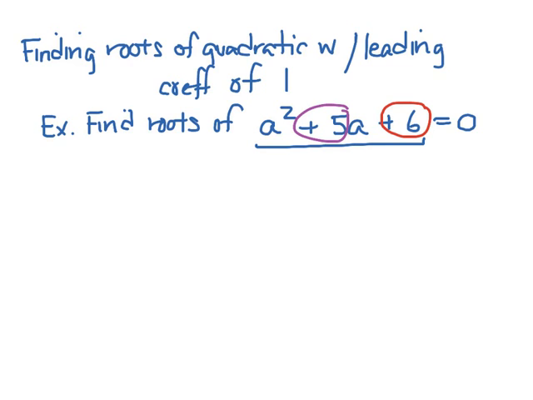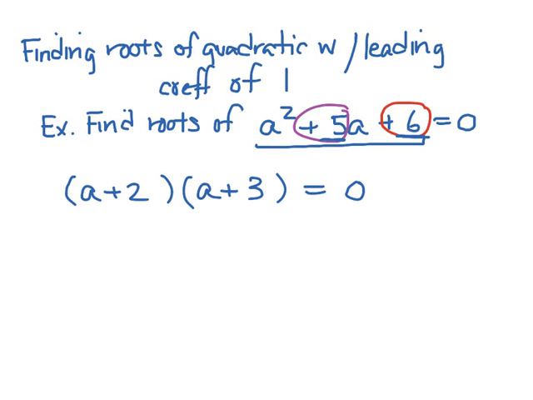And I know I can go straight into the double bubble, right? So I have a and a here. Factors of 6 that add up to 5. Well, 2 and 3 come to mind, so I have positive 2, positive 3, right? So I have a plus 2 times a plus 3, and of course, all that has to equal 0.